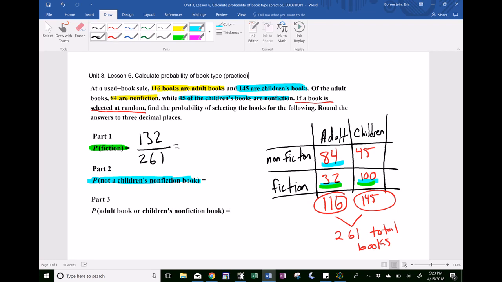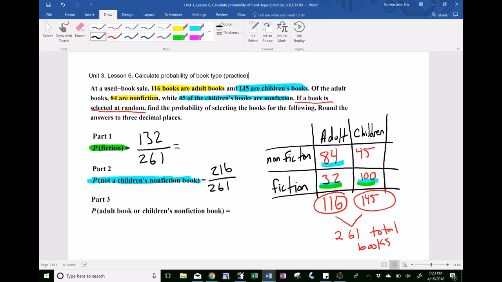For part 2, again, we're using the addition rule because we have an or situation here. It doesn't say the word or, but the probability that the book is not a children's nonfiction book means it has to be either adult nonfiction or adult fiction or children's fiction. So we have 3 options there. So our probability would be 216 out of the total 261.